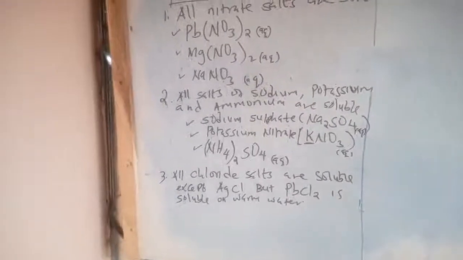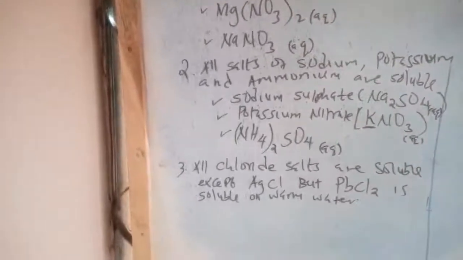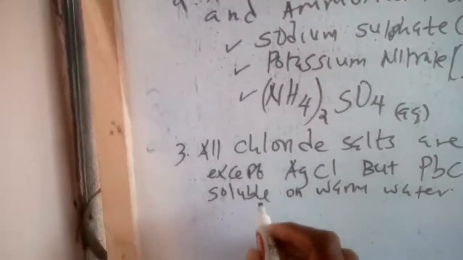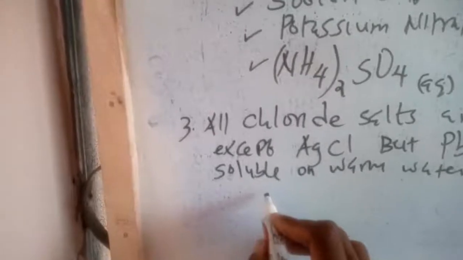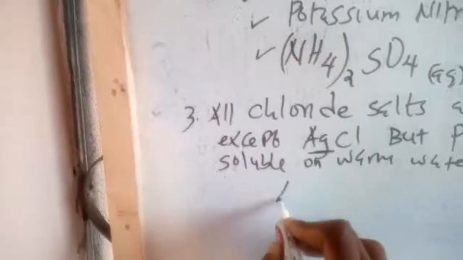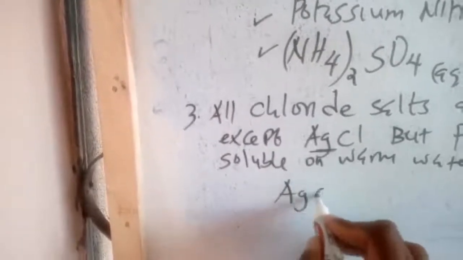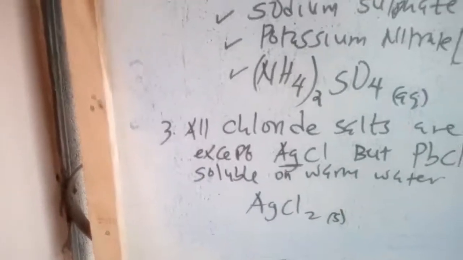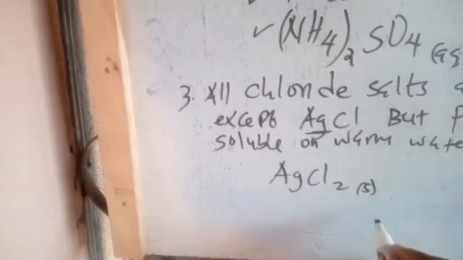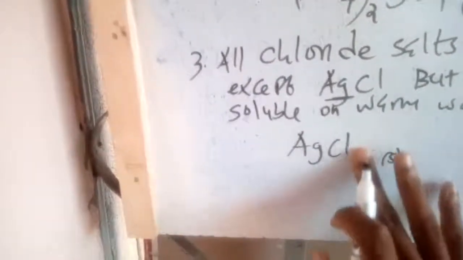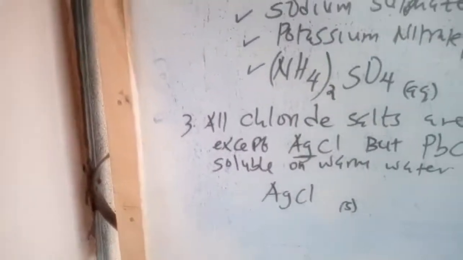On to examples of the chemical symbol, the molecular formula, of silver chloride. I write it like that, and it is a solid (s) because it cannot dissolve. There is no 2 there, as it has a valency of 1.